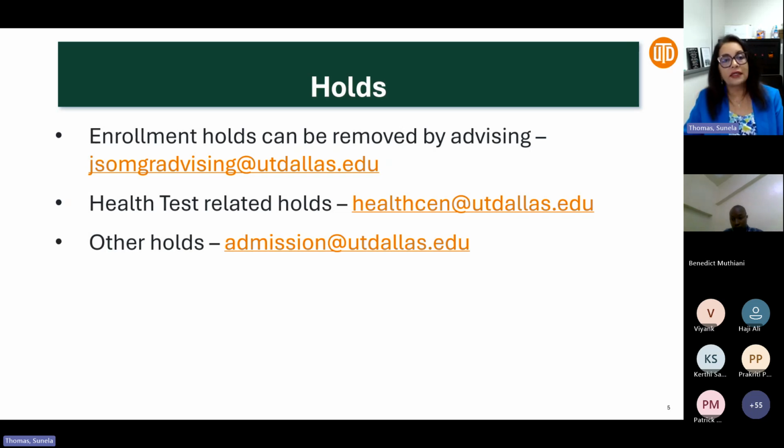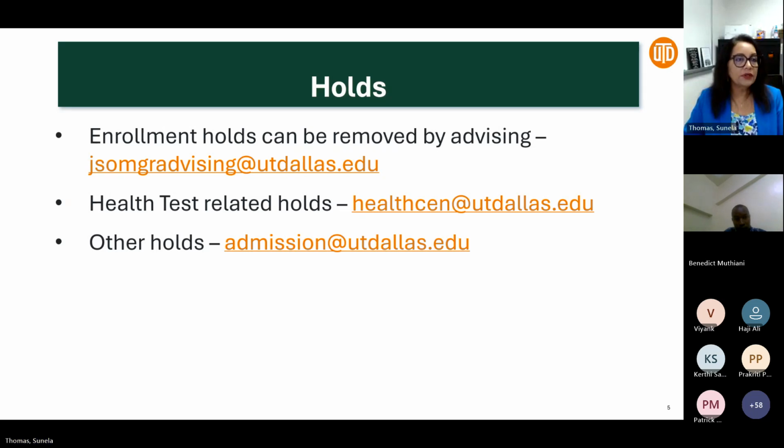If you have any health test related hold, reach out to the Health Center at UT Dallas. And if there is any other hold that you see in there, reach out to admissions. I'm also going to say if there is something that you're waiting to hear back on and you haven't, feel free to email either Sylvia or myself or the program email. And I'll share all those email addresses in the end.